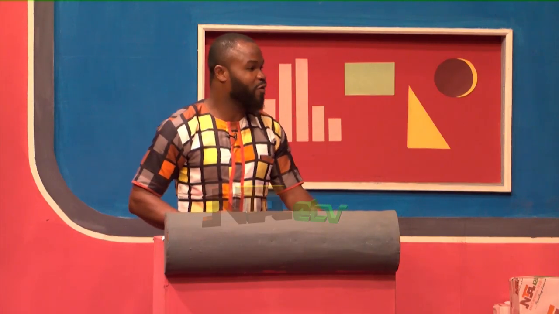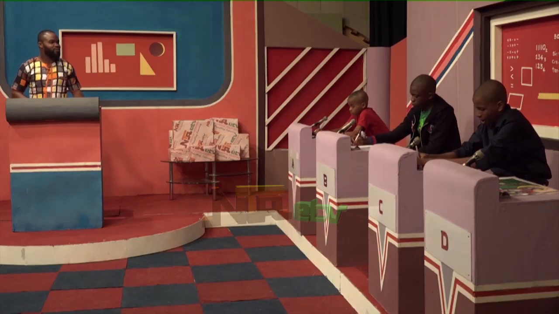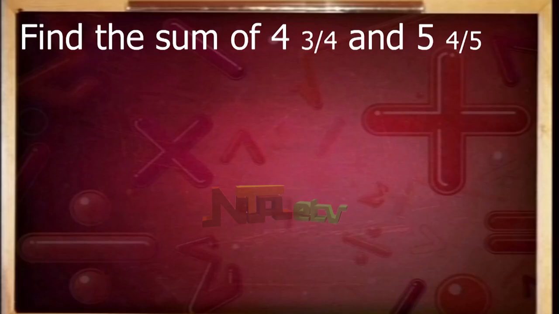For this stage, contestants, we have 9 questions. And for the 9 questions, you have only 10 seconds to answer each question. Contestant A, your question. Question 1. Find the sum of 4 whole number 3 over 4 and 5 whole number 4 over 5.